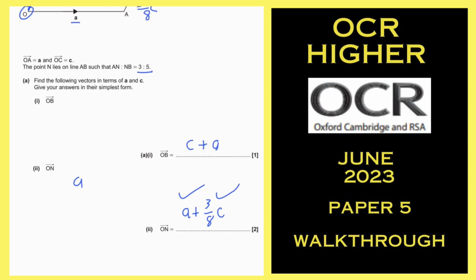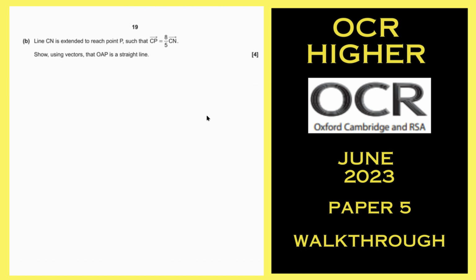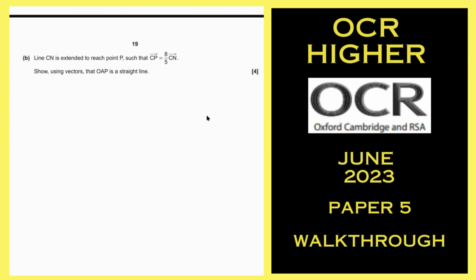Now on to, obviously, a trickier bit. Let's have a read of it, then we'll come back to the diagram to do some thinking. CN is extended, reaches a point P, such that CP is 8/5 of CN. Show, using vectors, that we've got a straight line.